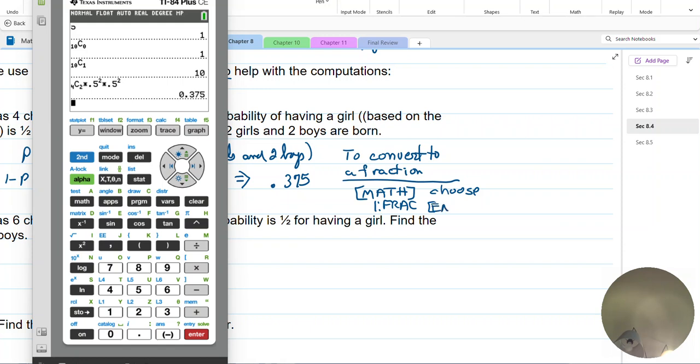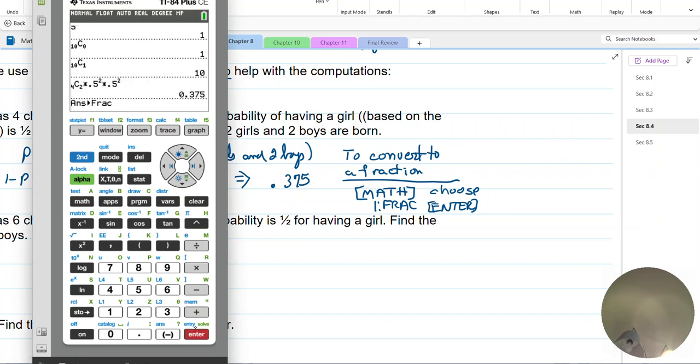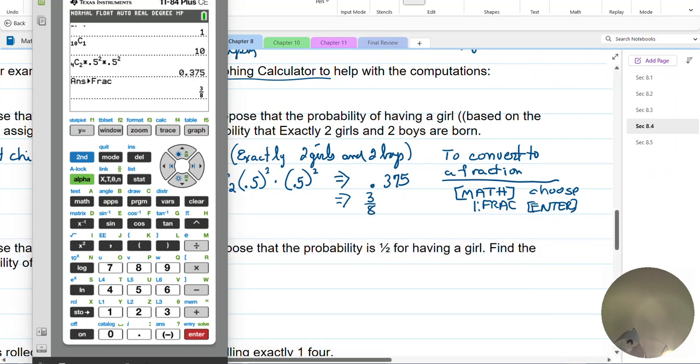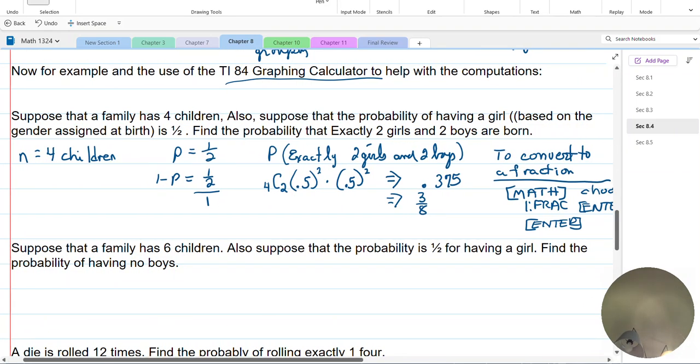Enter, and I think we enter twice. I hit enter and enter. And there it is, 3/8. So this will make your life easier. And since I made you purchase this calculator, we'll see if we can make it pay for itself. So there we go.